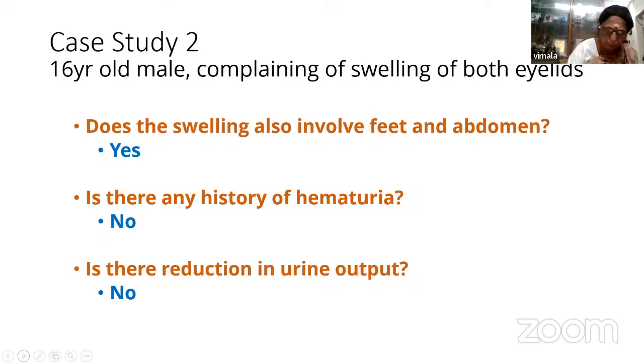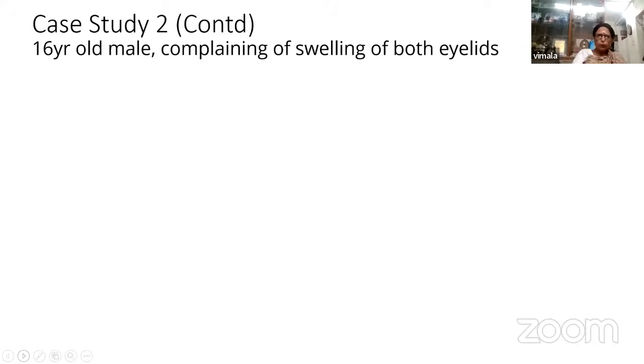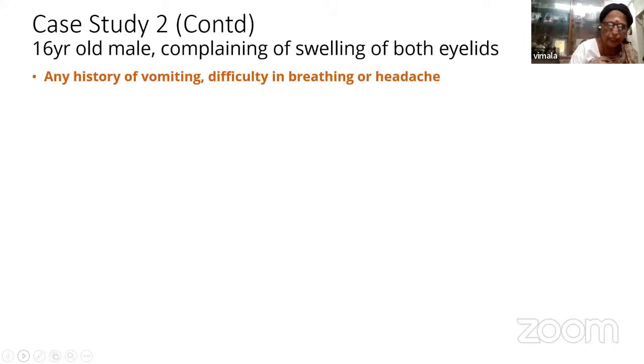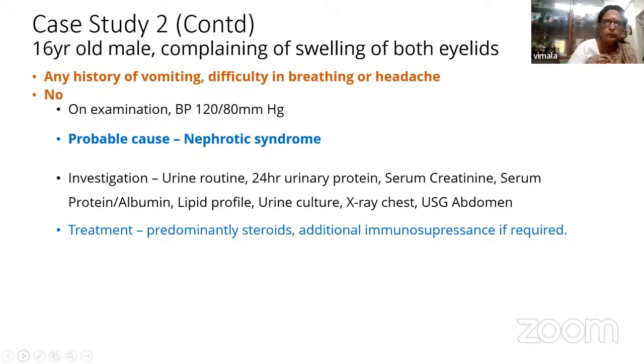The answer is no. So a 16-year-old male complaining of swelling of both eyes with no hematuria, no oliguria, no hypertension. And then ask for history of vomiting, difficulty in breathing or headache. The answer is again no. So that means the person is not having any renal failure.